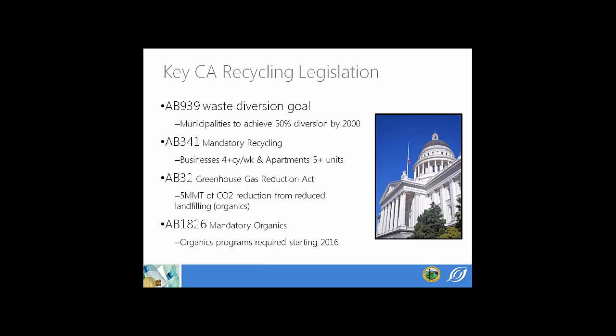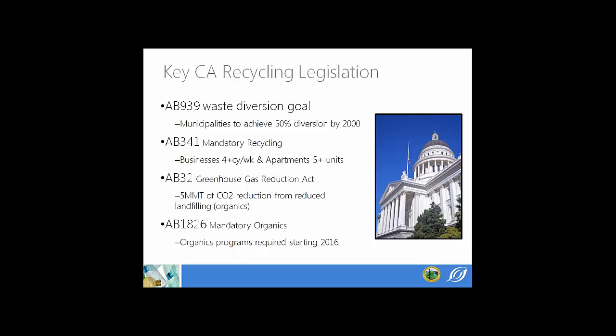Very historic. The other piece of legislation that's really big, and these next three on the slide are all more recent pieces of legislation. We worked with AB 939 for years, and we've done a lot of great things, but it was definitely time to push the envelope and go to the next level.